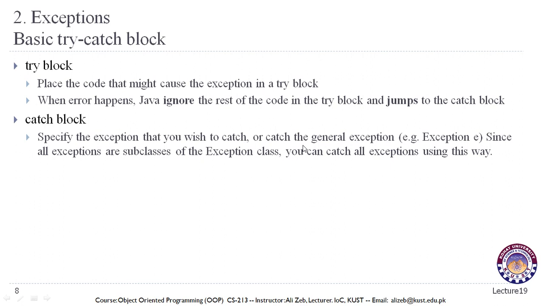If we are not sure what error can be caught, then we can use the general exception, that is the Exception class, the super class of all the types of exceptions that can be generated. Otherwise, if we do know specifically what kind of error can occur, we can use the specific exception handlers.